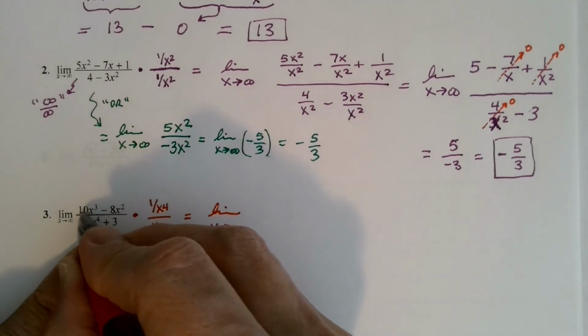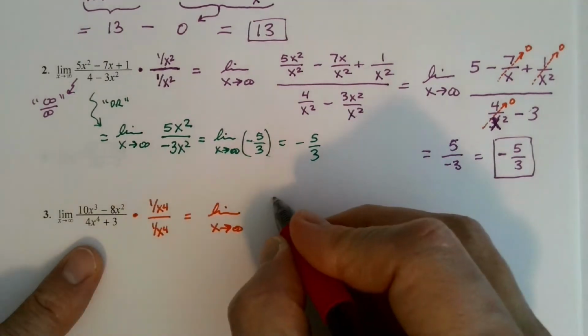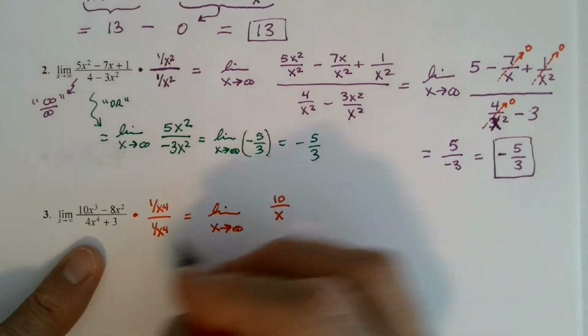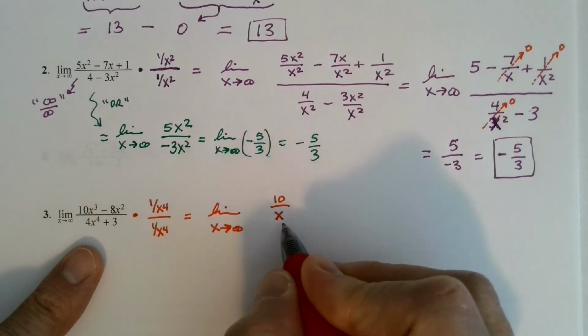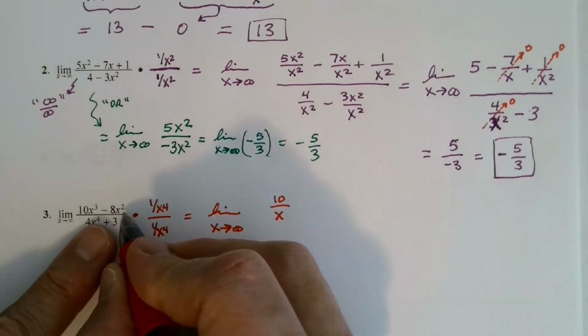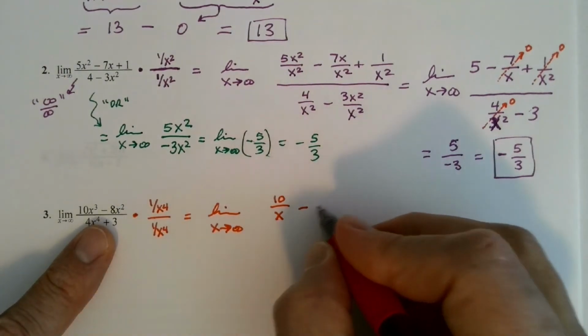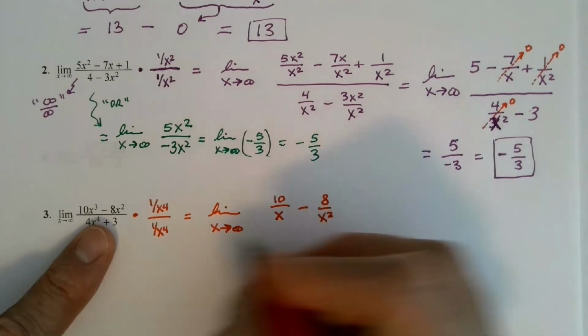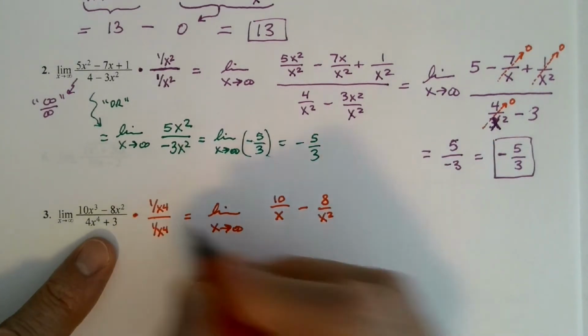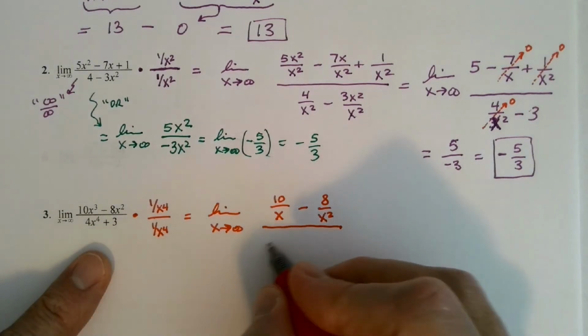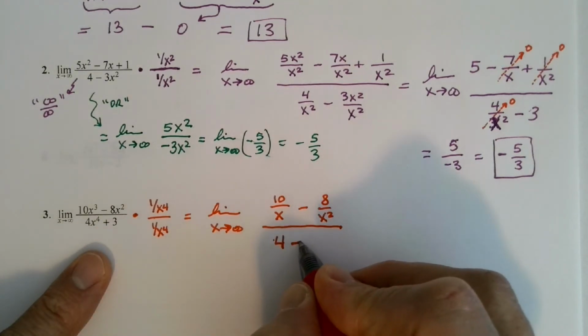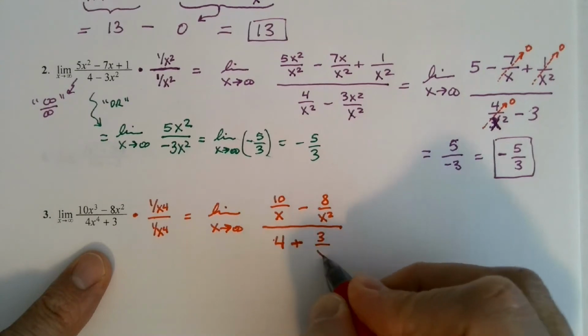Distribute: 10x cubed divided by x to the 4th gives me 10 divided by x. 3 of the x's cancel, and we're left with 1 in the denominator. 8x squared divided by x to the 4th is minus 8 over x squared. 2 of the x's cancel with the ones in the bottom. 4x to the 4th divided by x to the 4th is 4 plus 3 divided by x to the 4th.